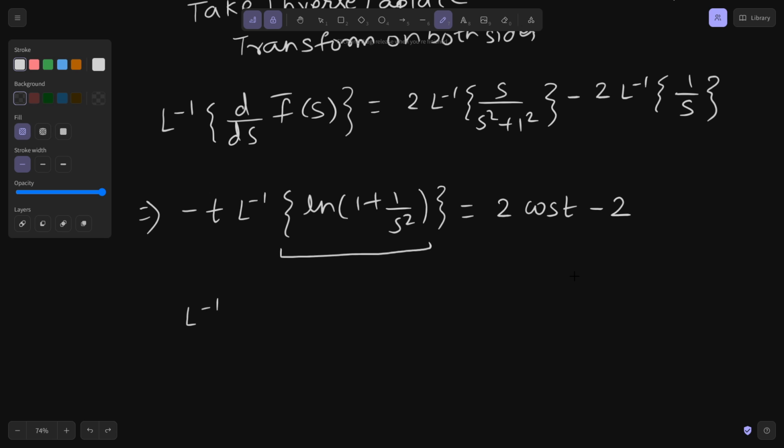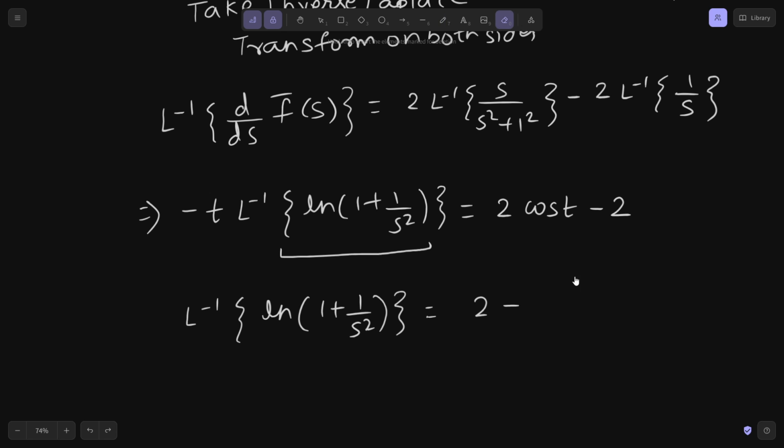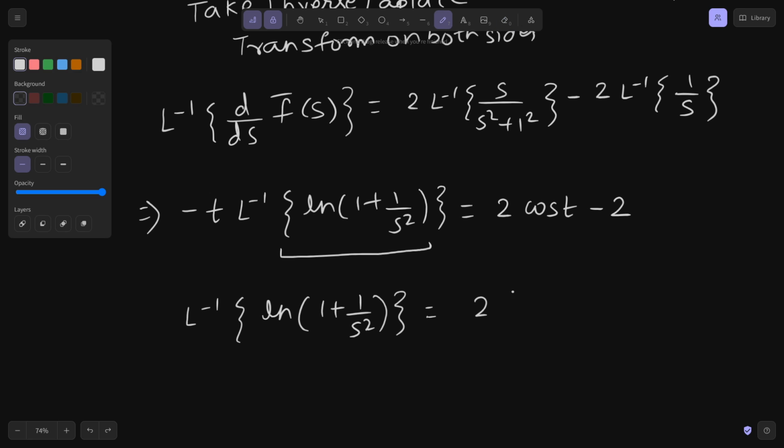so the Laplace inverse of ln(1 + 1/s²) is nothing but, cancel out the negative from both sides, so you'll get 2 minus, if I take 2 common rather, so I will get 2(1 - cos t), and if I divide by t, I get this as my final answer.